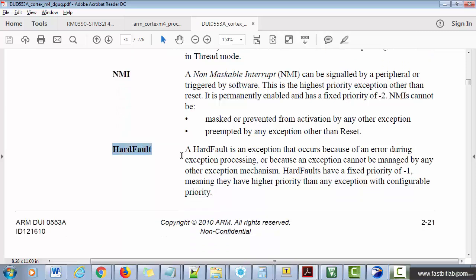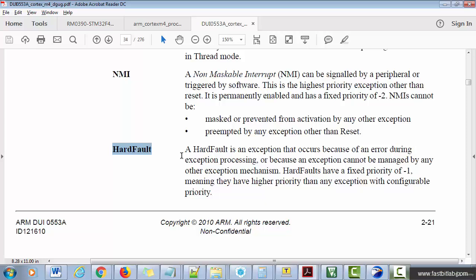So now we have already seen the triggering of hard fault exception, right? For example, when we were doing the experiment of T-bit, we saw that hard fault triggered whenever we try to execute any instruction by keeping T-bit as 0, isn't it?